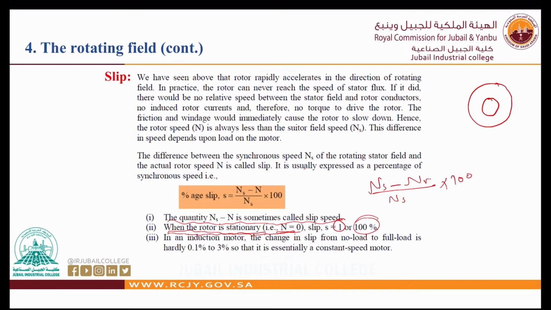Now let's do it together. Now we don't have rotor speed because it is at standstill. So we will have, let's say, 800 as we derived before, minus 0 over 800, multiplied by 100. So the slip is 100%.